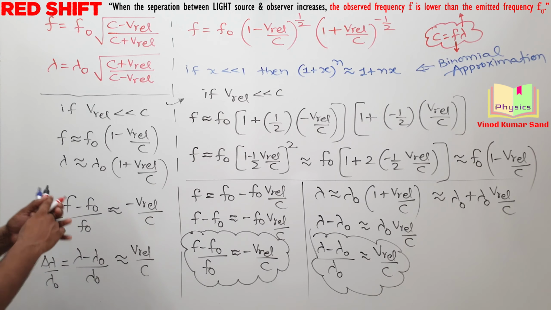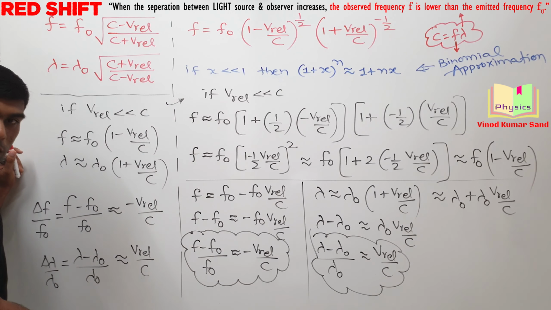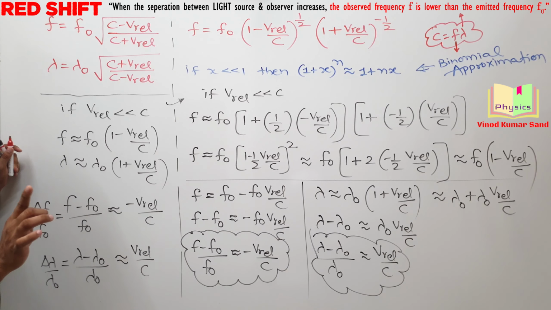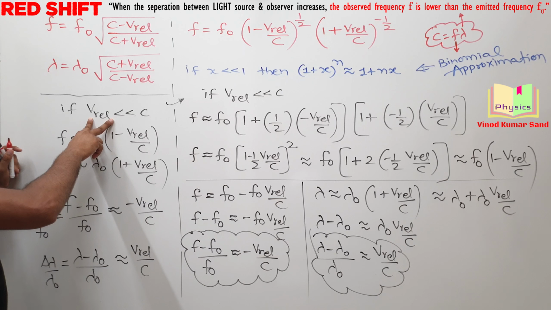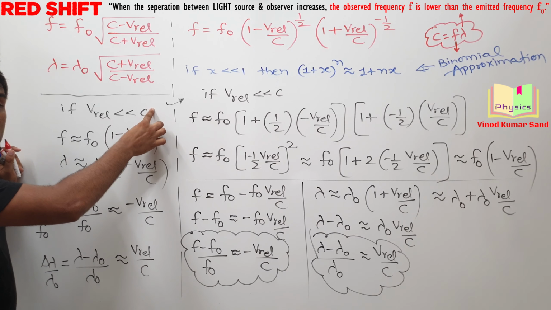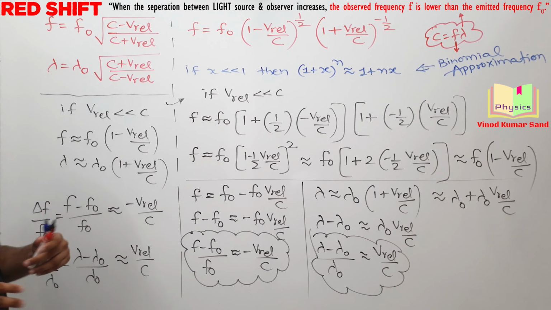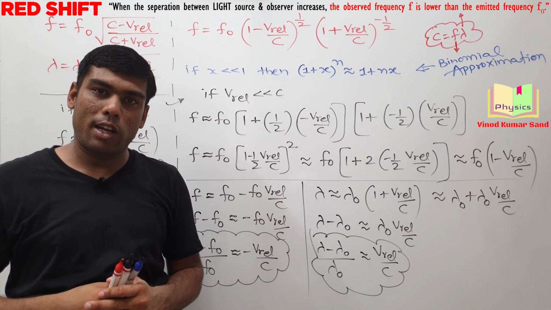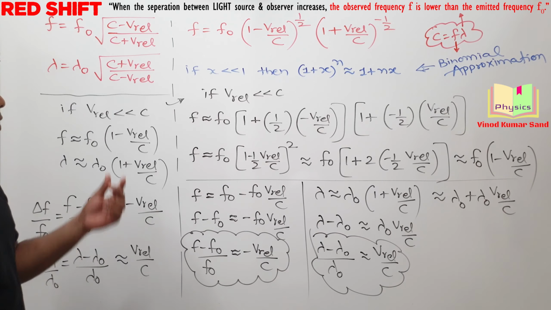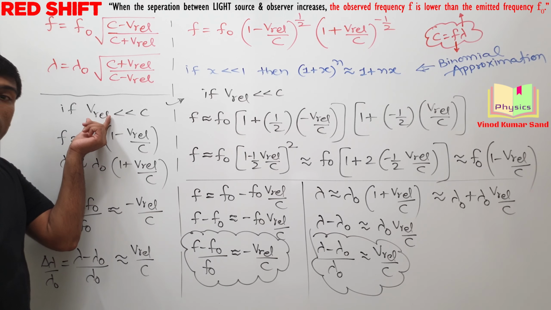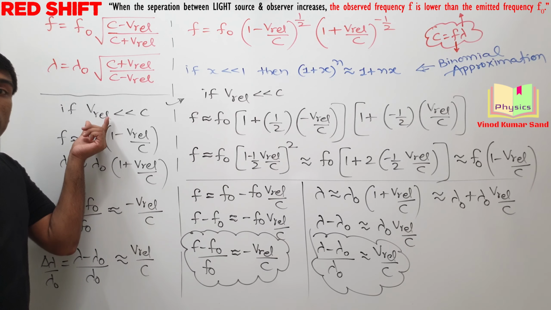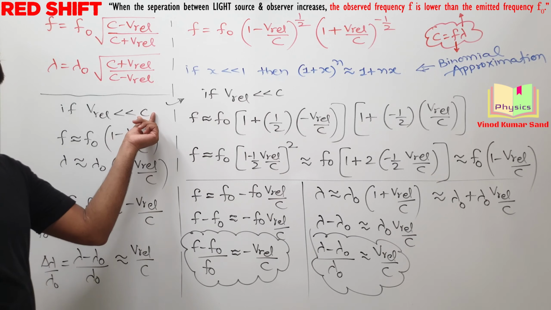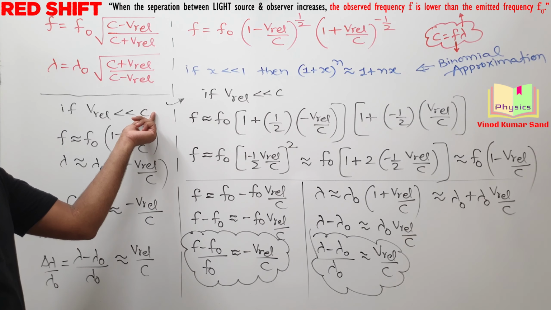I urge you to learn the left hand side of the formulas. You can skip that calculation. While doing a question, if you find that the relative speed along the straight line joining the source and observer is much smaller compared to C, for example a car moving at 28 meters per second, then use this Doppler effect formula. 28, 30, or 500 meters per second are much smaller compared to 3 into 10 to the power 8 meters per second.